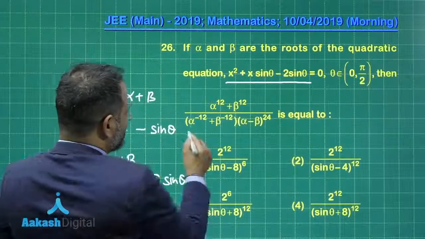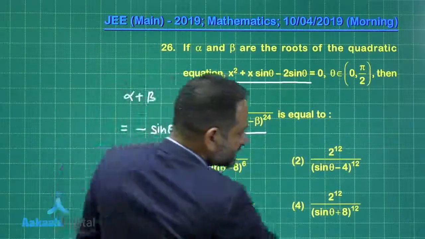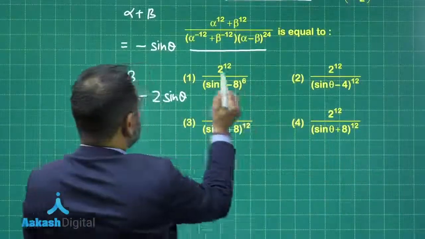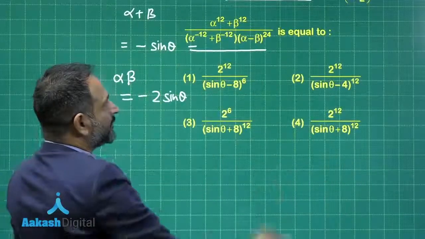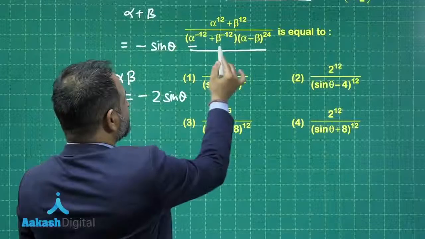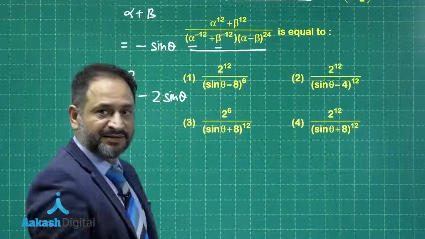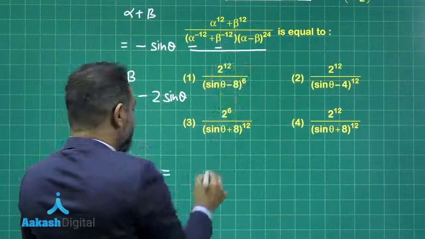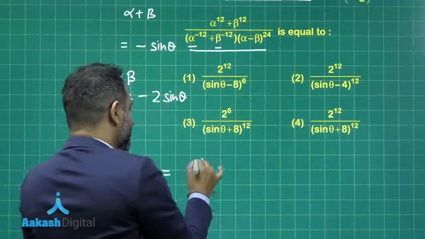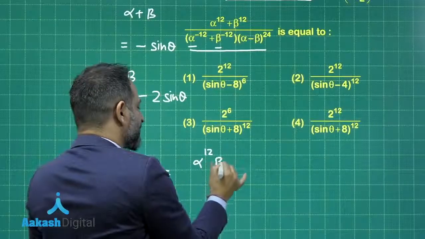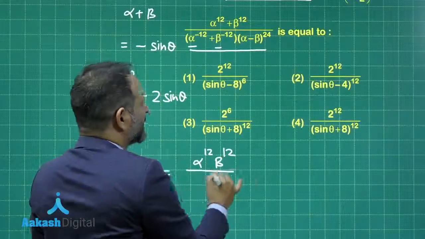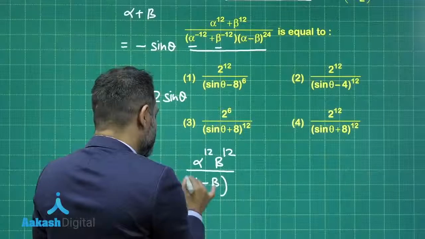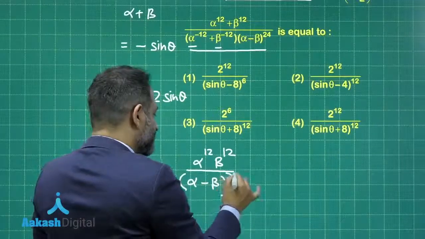Now we want to calculate the value of this expression. If you see here, this is 1 upon alpha raised to the power 12, and this is 1 upon beta raised to the power 12. So if you simplify this, you will have alpha 12 into beta 12, and the denominator is alpha minus beta whole raised to the power 24.